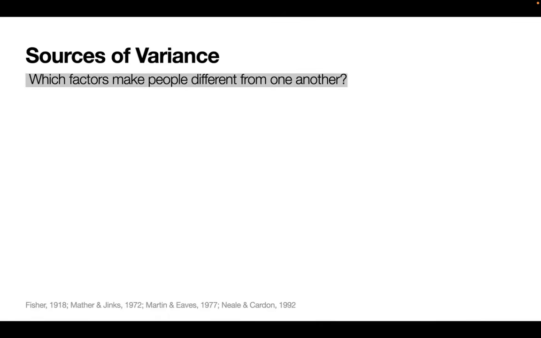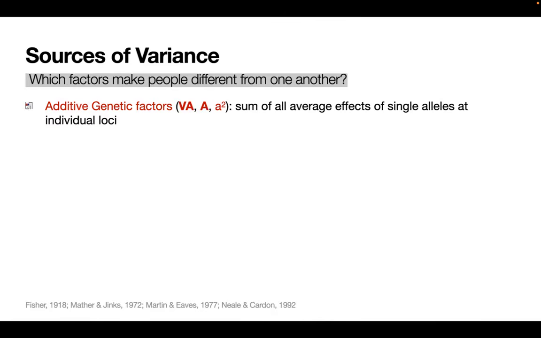So let's give some proper definitions of the sources of variance that we will consider. And these are sources of variance that make people different from one another. First of all, there are the additive genetic factors, typically abbreviated as VA or A squared. These refer to the sum of all average effects of single alleles at individual loci.